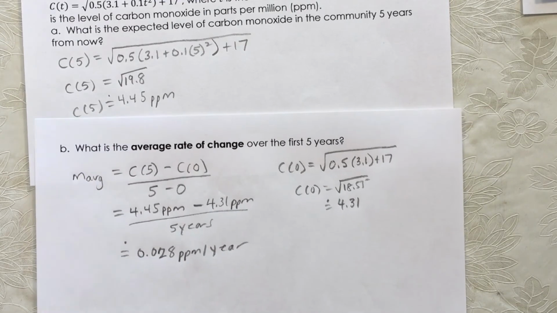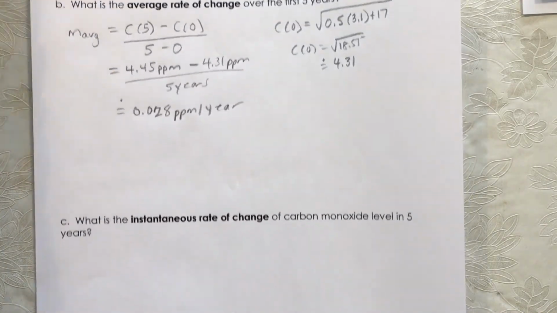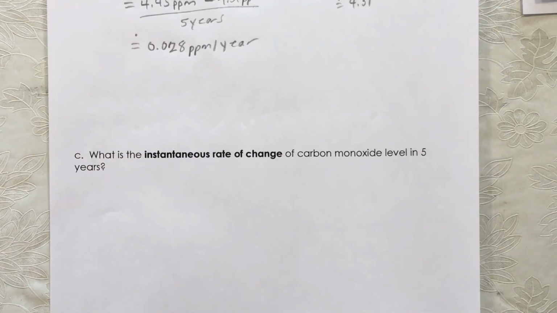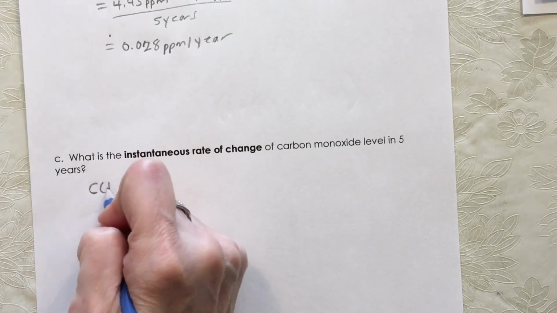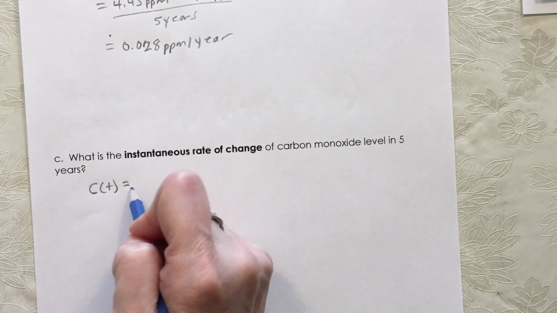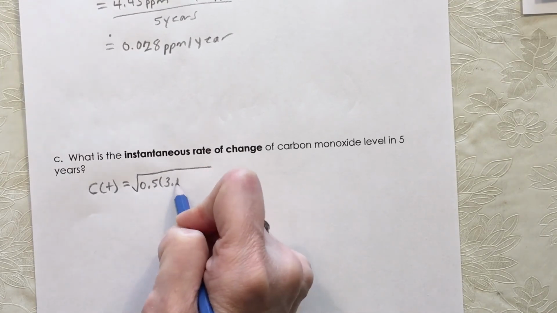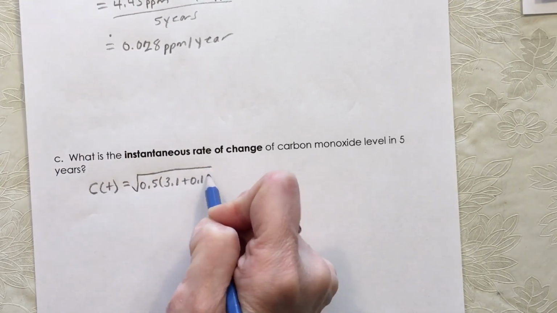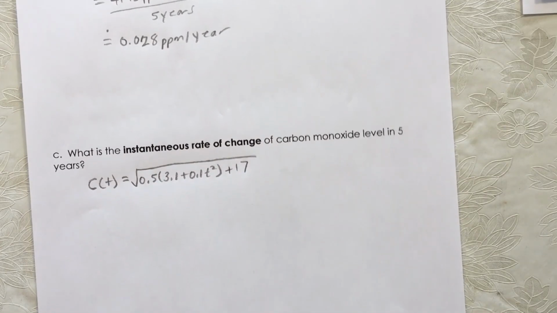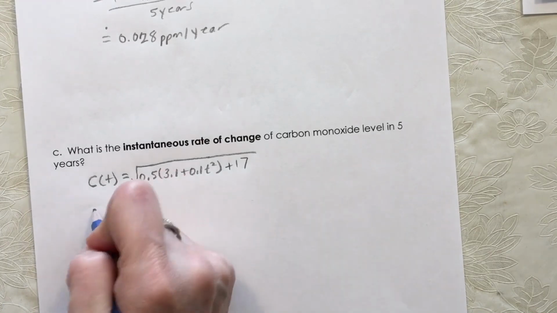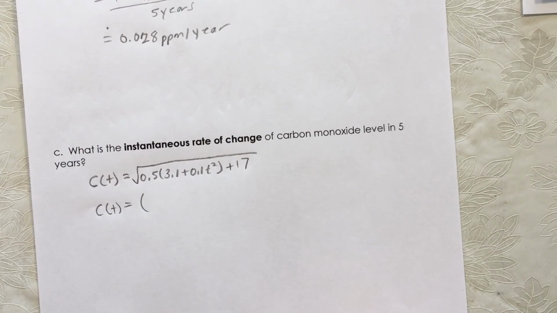And then C asks for what's the instantaneous rate of change of carbon monoxide level when time is 5 years. So for instantaneous rate of change, now we want to deal with the derivative. I'm going to start off just by copying the function c at t the way we see it. And now we want to make it a little more friendly to derive. So I'm going to do two things here. One, I'm going to use brackets and the exponent 1/2.